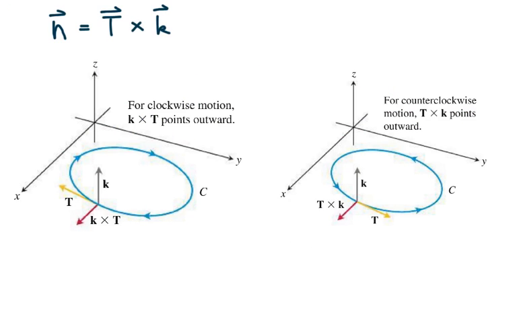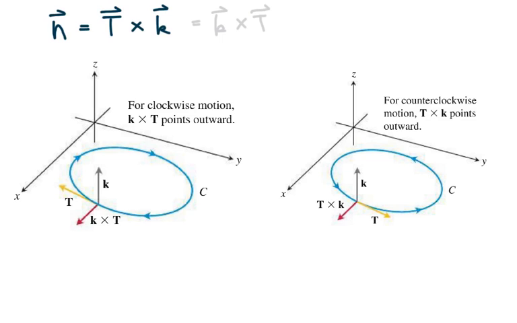Now, the definition we just stated uses the unit normal vector n. n can be formed by T cross K or K cross T, depending on the direction in which you traverse that path. So depending on a clockwise versus a counterclockwise motion, you'll notice that we have K cross T pointing outward if we are going in a clockwise motion, versus T cross K pointing outward in a counterclockwise motion.